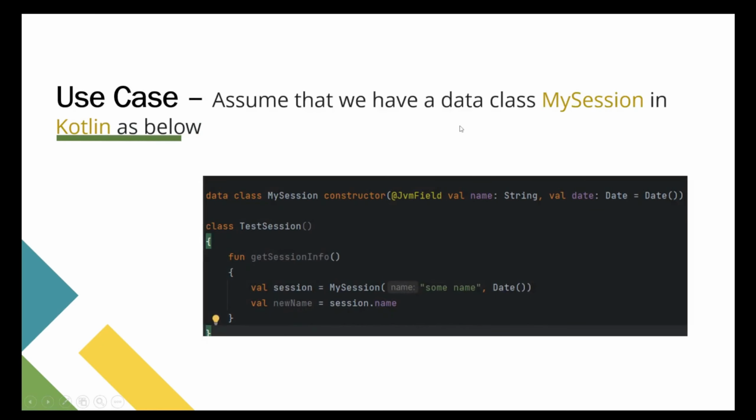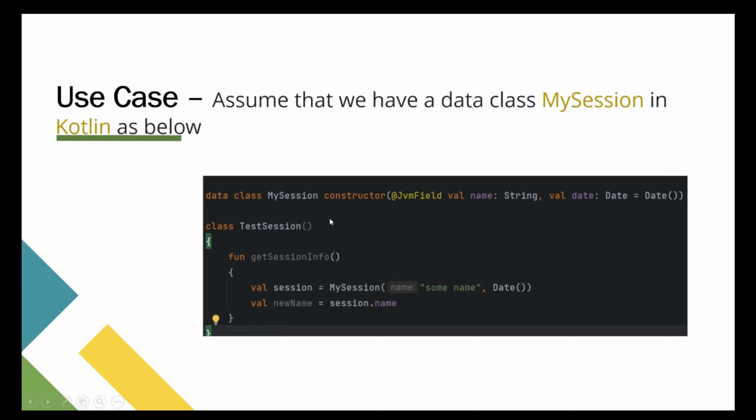Assuming that we have a data class, MySession, with a couple of parameters, name and date. Name is a string type, and for date I've already passed a default parameter. Now we are calling it in Kotlin while creating the session object equal to MySession, where I pass something for name and date by default.